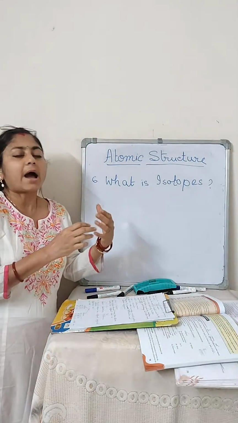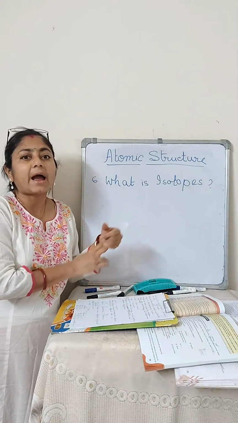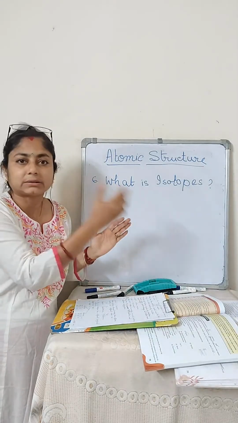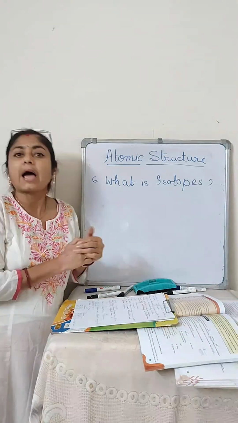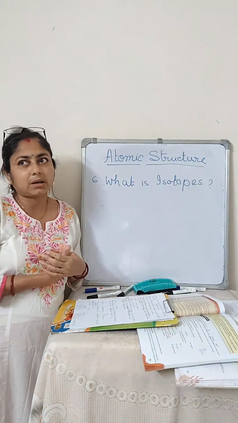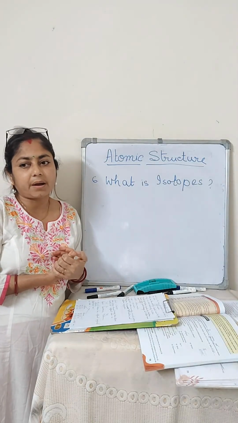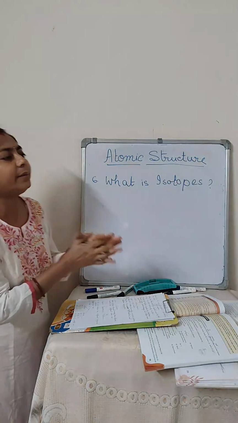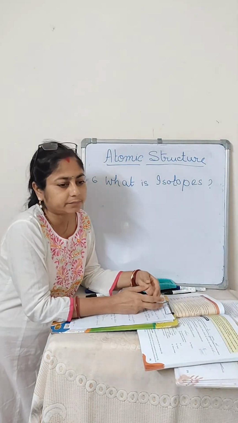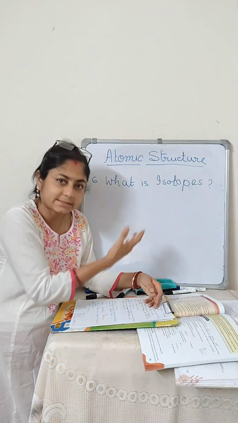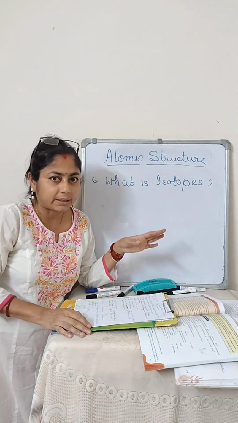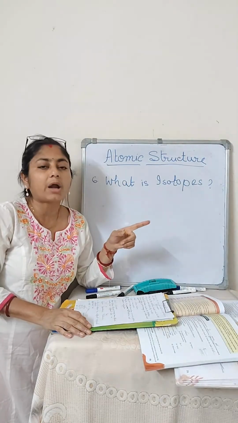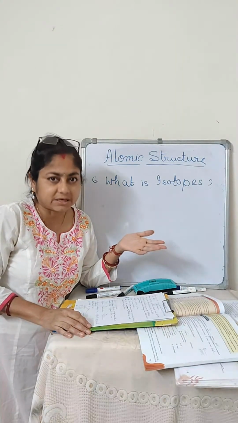Means isotope क्या है? The atomic number will be the same but the mass number different. But it's the same element, like hydrogen. Suppose I, my sisters, my cousins, we are all in one family, but our parents are different.